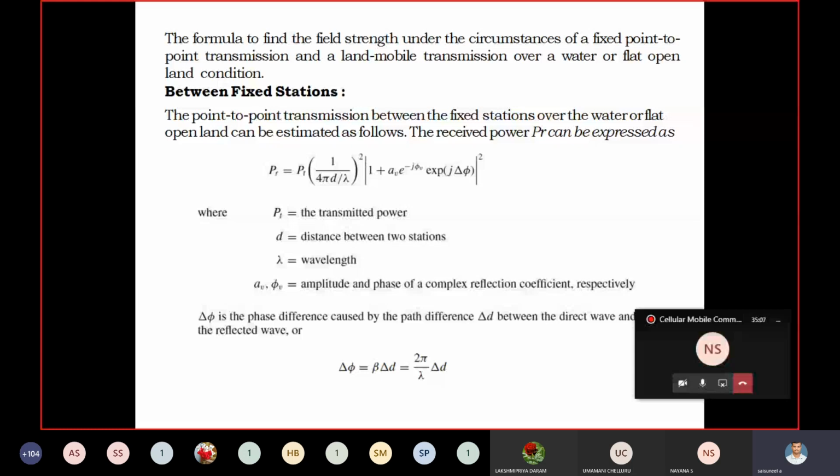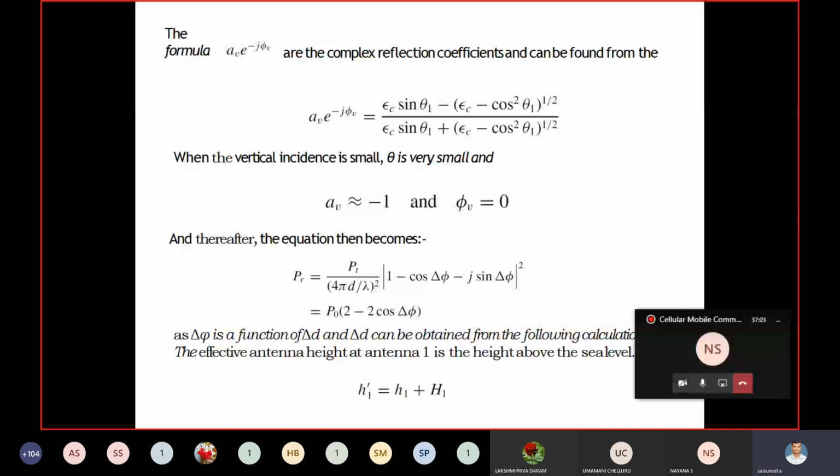Then we simplify AV e power minus j phi v. I think you know this formula from your EMTL. It equals the root of epsilon c minus cos square theta, in the numerator, and in the denominator epsilon c sin theta plus the root of epsilon c minus cos square theta.